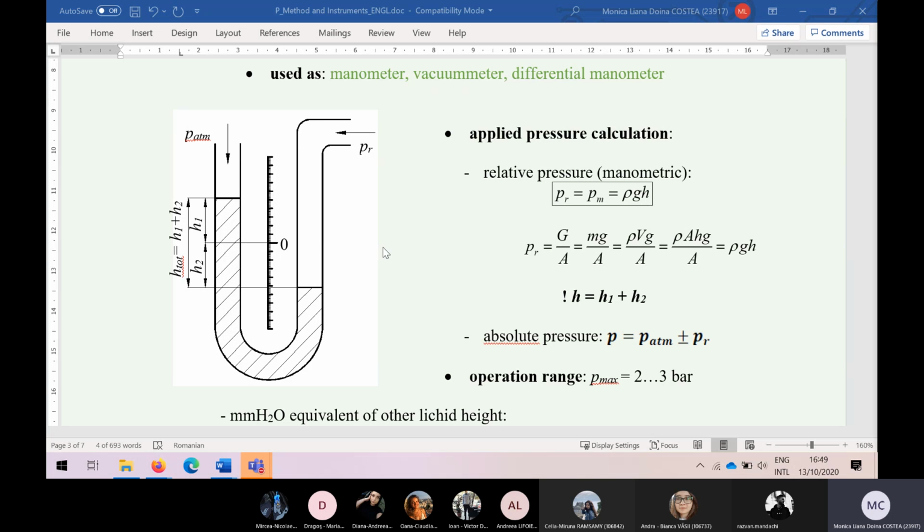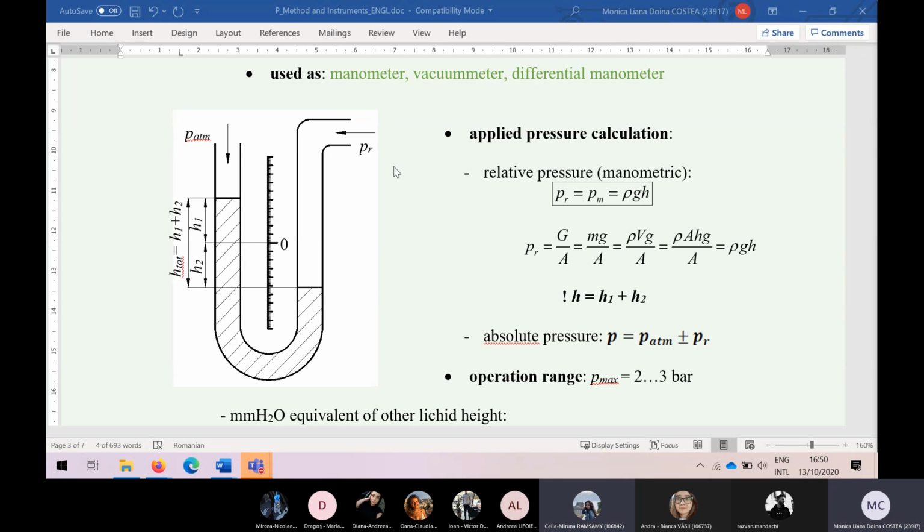If it would work as a vacuumeter and you want to keep the same representation, what would you do? So now the vacuum pressure is lower than the atmospheric one. The change in height would be on the other side.